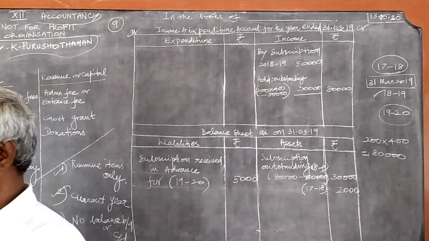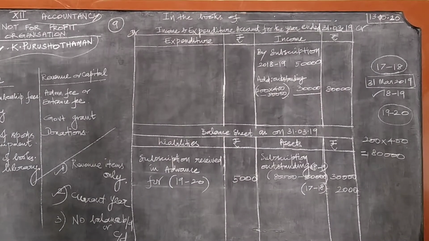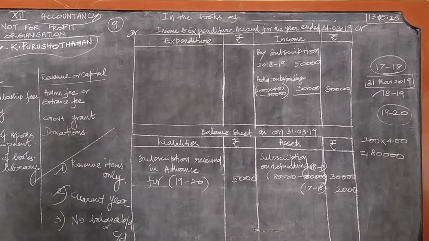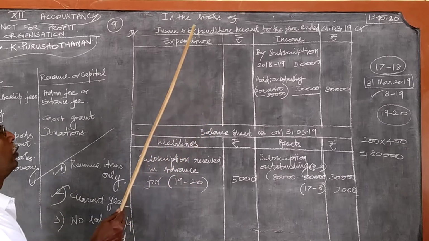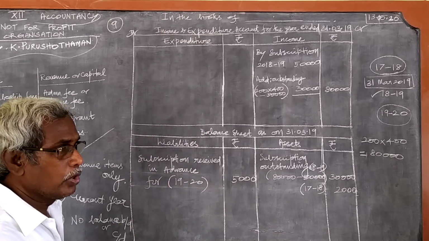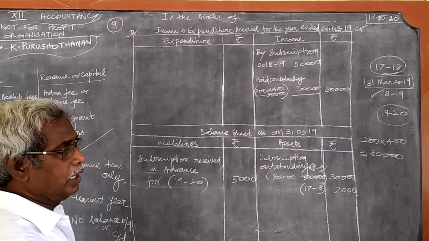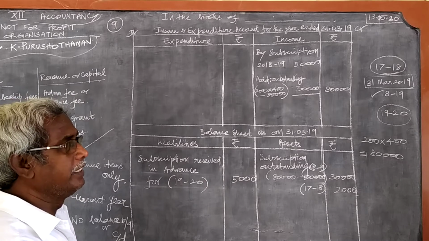Yes, you listen once again, problem number 9. Here you are supposed to prepare 2 accounts because the question is prepare final accounts for the following item.